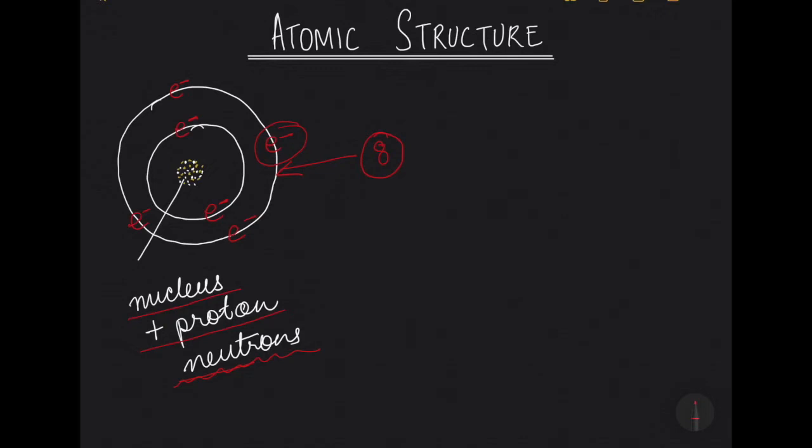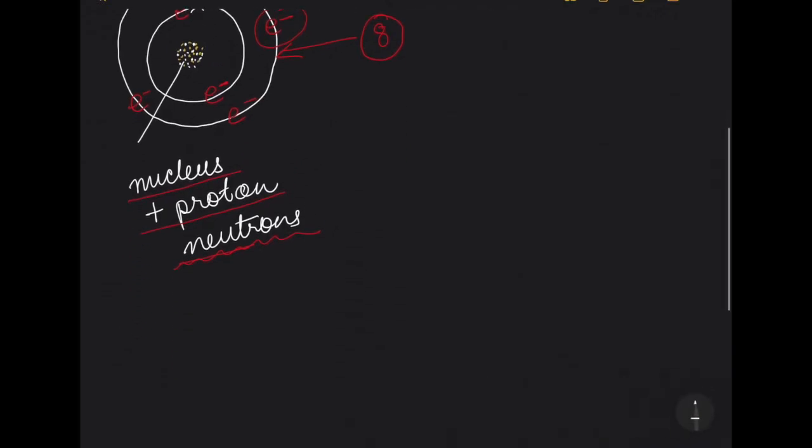Now, when we talk about atomic number, it is written as capital letter Z. An atom of an element has its own number of protons in its nucleus, which distinguishes it from the atoms of other elements. So each element will have a particular number of protons.